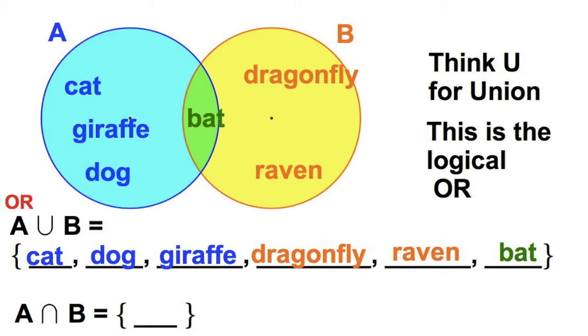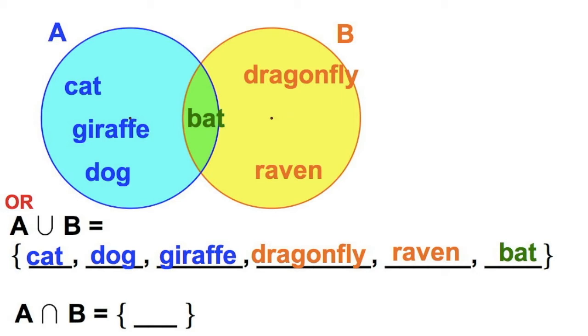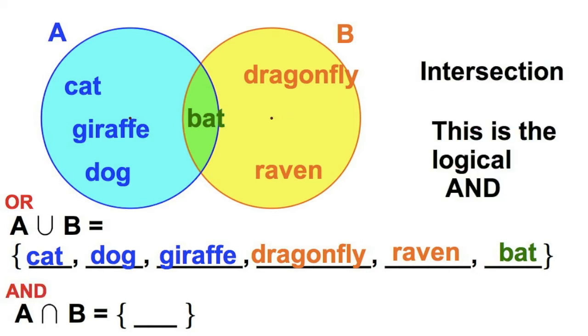By comparison, you all see the green space there. And this is the logical and. This symbol down here, A with this horseshoe shape, we read that A intersect B. And that's where the two overlap. That's my green. Blue and yellow overlaps makes green.